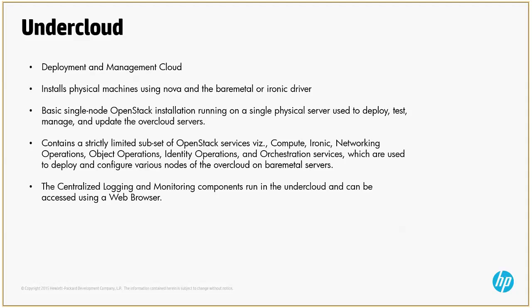This undercloud also has a few logging and monitoring components which are used to monitor what exactly is happening on Overcloud nodes. We have Icinga, we have Eon services, the different services. I'm just talking about HP proprietary ones.